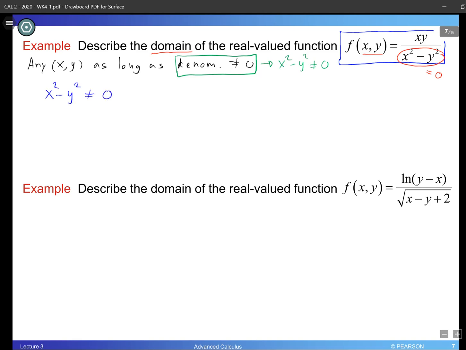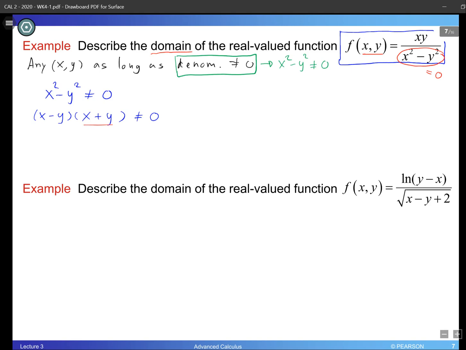Here I can factor this: x minus y times x plus y not equal to 0. Now, since we want the whole term to be not equal to 0, each of them cannot be 0, because if one of them is 0, then the whole thing is 0.